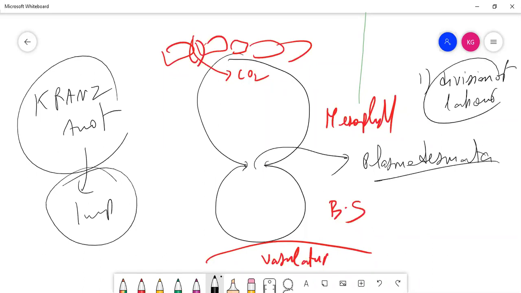ठीक है? यहाँ पे क्या हो रहा है? Which cell captured CO2? Mesophyll. Mesophyll cell will capture the CO2, and which cell will fix the CO2? Bundle sheath. Now you understand what is the difference between capture and fixation.